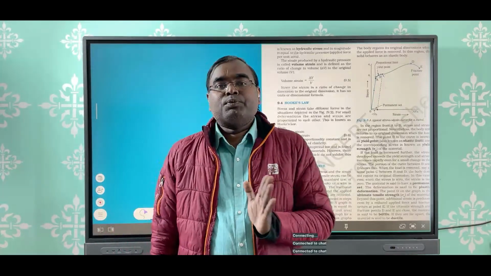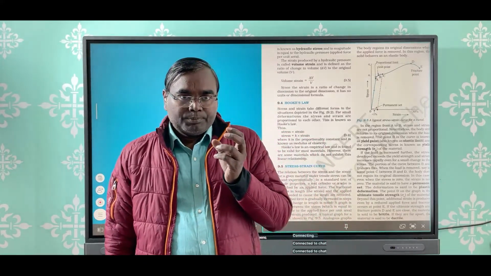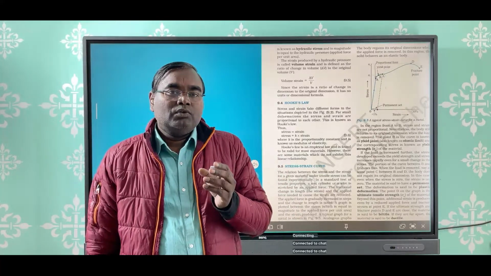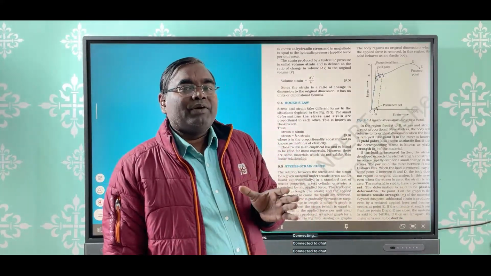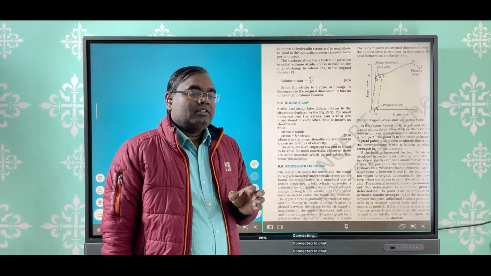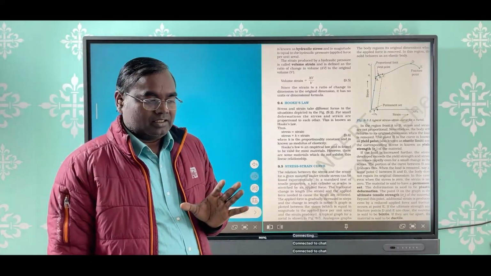Stress is directly proportional to the strain. If you are applying the stress on the solid, then the produced strain will follow the stress. As much stress is being applied on the solid, strain is accordingly produced, right? And such type of relations are called the linear relation.